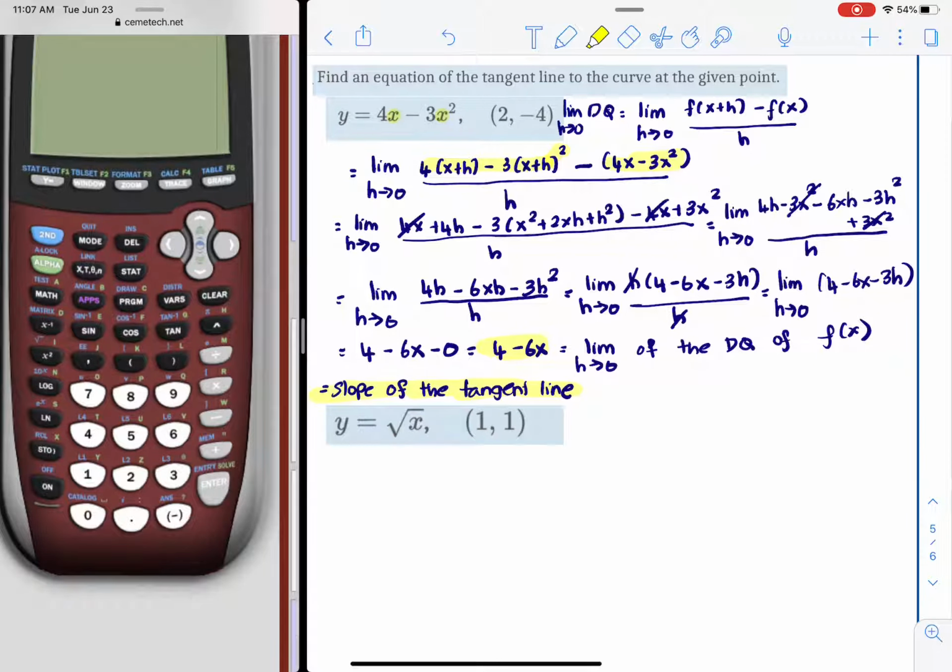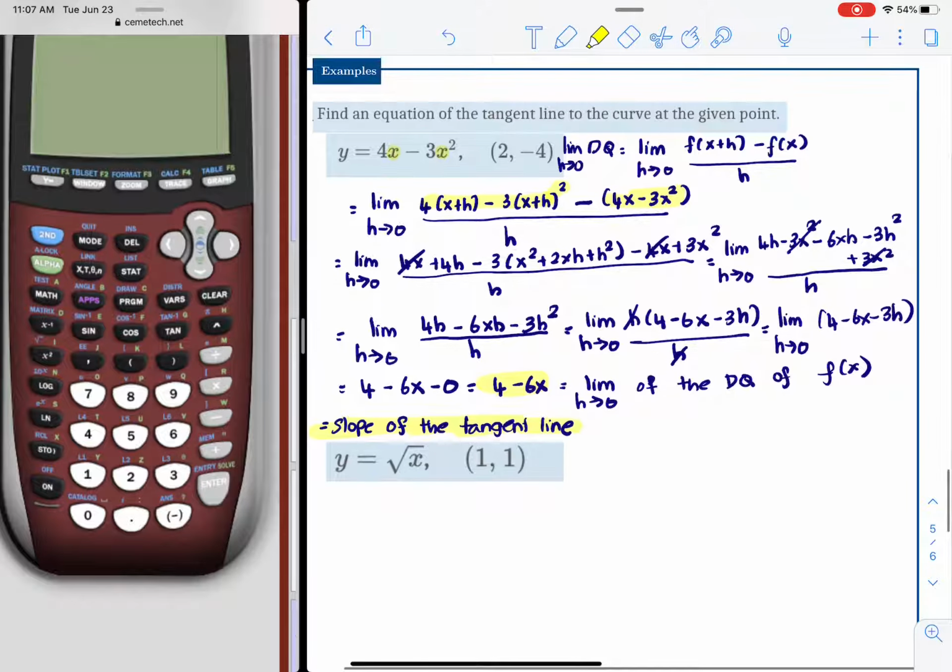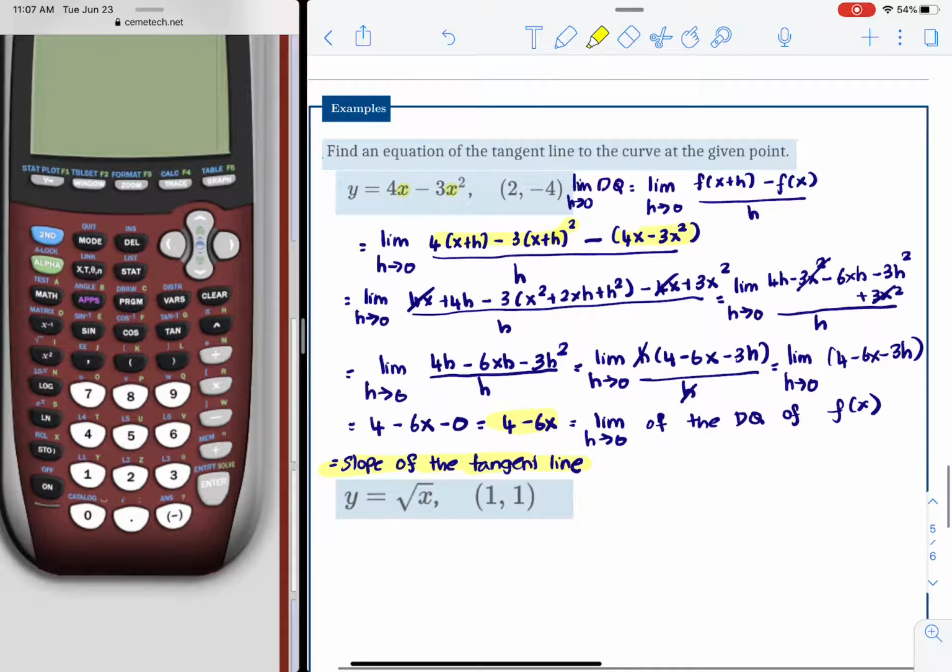And if we plug 2 into y equals 4x minus 3x squared, we have 8 minus 12, which is negative 4. So this point is simply the point where we're trying to find the equation of the tangent line.